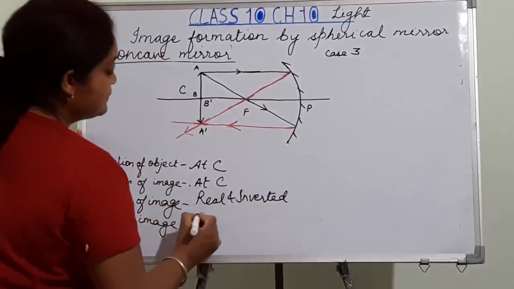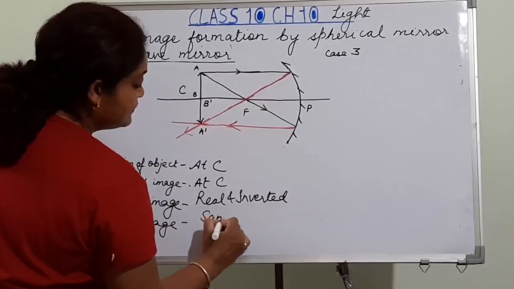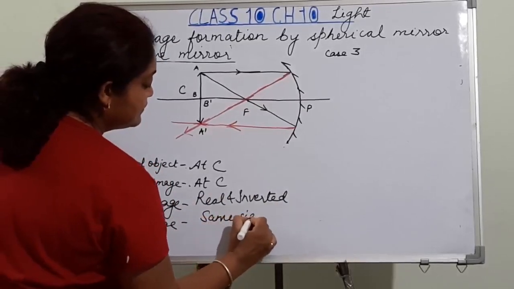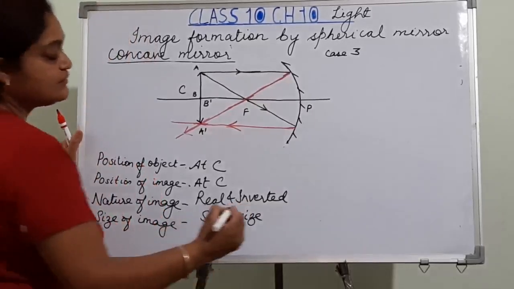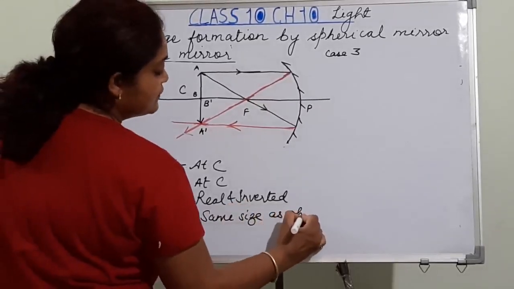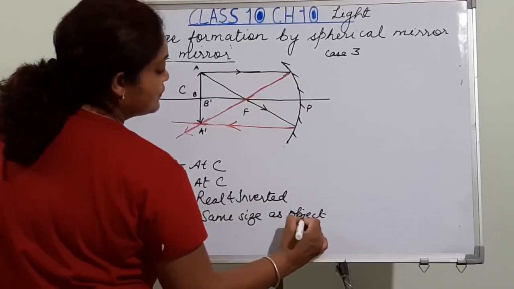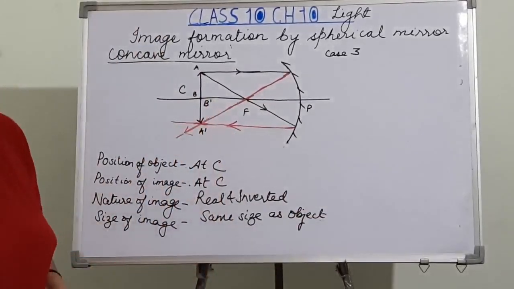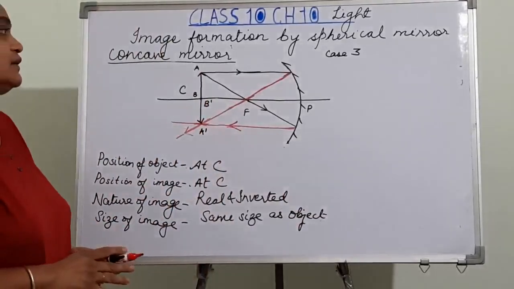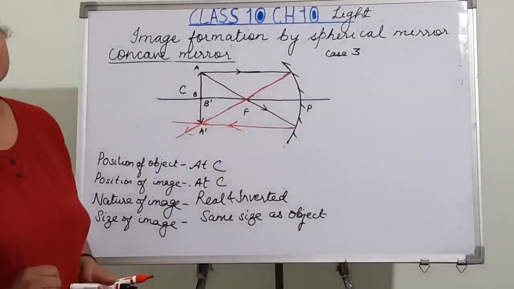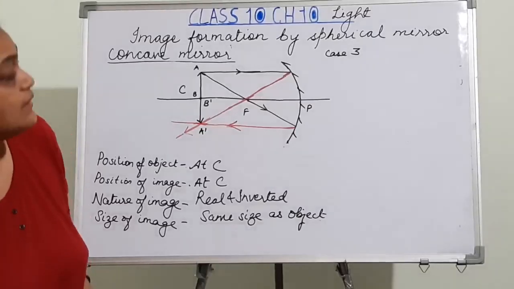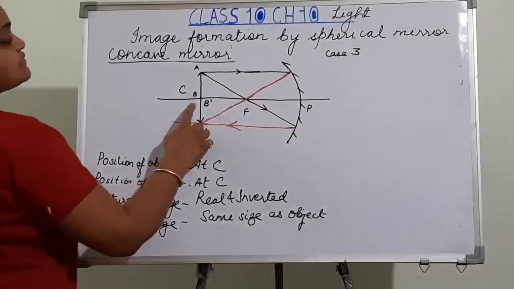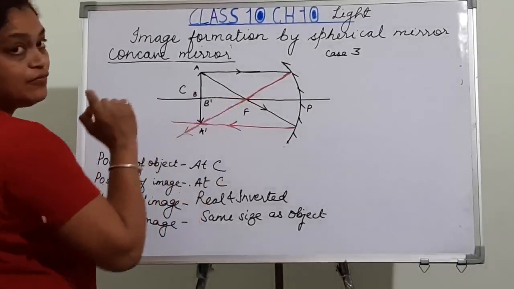Size of image, same size as the object. What will be the size of the image? The size of the image is the same as the size of the object. This is case 3. Next is when the object is placed between center of curvature and focus.